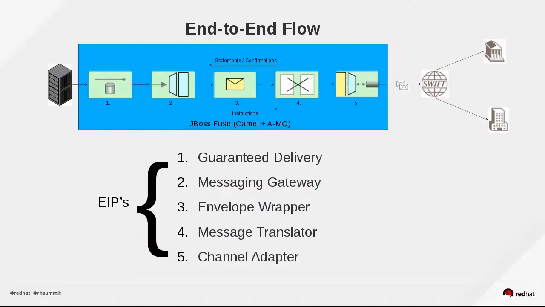How does that look when you glue it all together? Well, this is kind of a typical system pattern that we do. So you'll have a system, you'll have some guaranteed message delivery, and that could be ActiveMQ, it could be a secured messaging standard like some web services. You have a gateway here, and it kind of multiplexes all the feeds coming in, and then it handles the envelope.